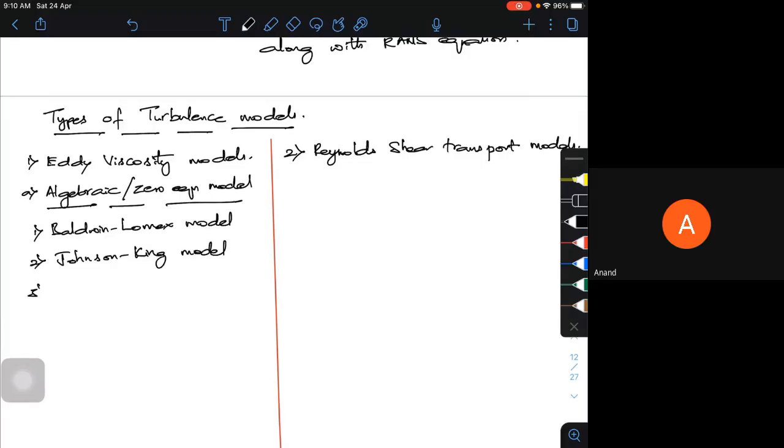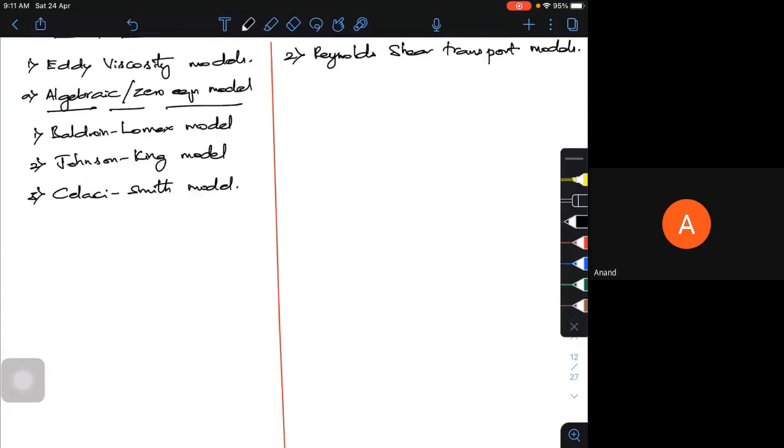And then another one, the Smith model, which is not that extensively used. But among the zero equation or algebraic eddy viscosity models, the foremost used is the Baldwin-Lomax model. One more model is the Spalart-Allmaras model, which is a one equation model, very much used in shock capturing and all.